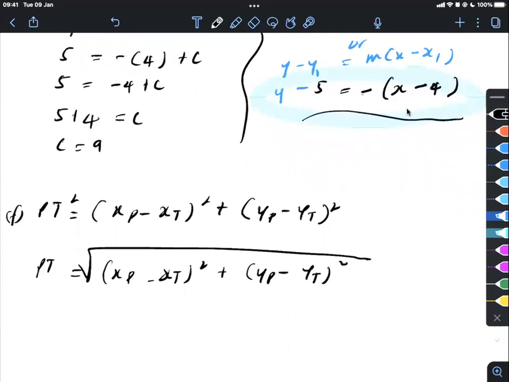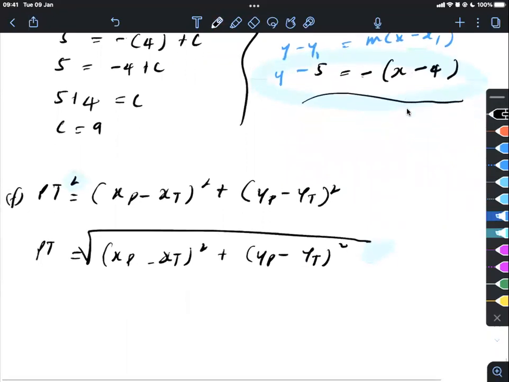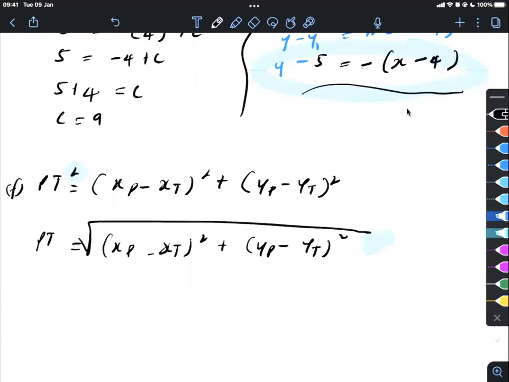Some of you use a ruler, but if you did this, that would be fine in both cases. Here I just squared it. I will likely put the square root when I get to the last part of the equation.